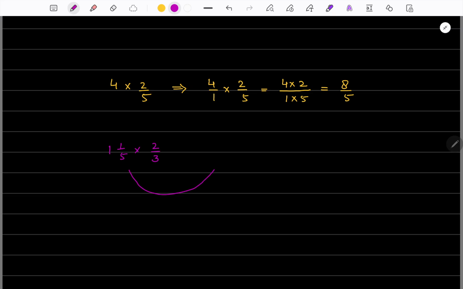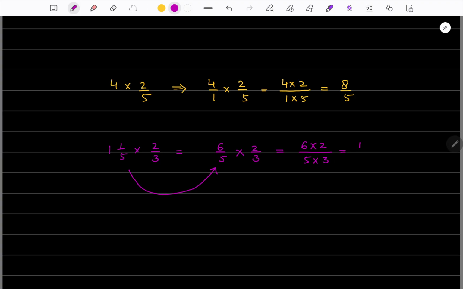1 by 5, which is a mixed fraction, multiplied with 2 by 3. So the first step here will be to convert the mixed fraction into its improper fraction form. So 1 by 5 gets converted to 6 by 5 and this gets multiplied with 2 by 3. Once we have this, we can find the product of numerators, 6 into 2, and divide it with the product of denominators, that is 5 into 3.